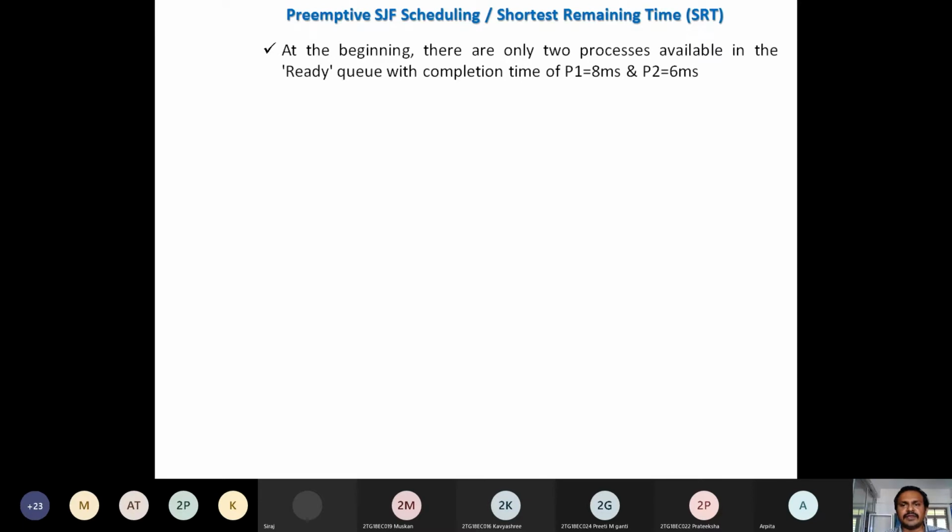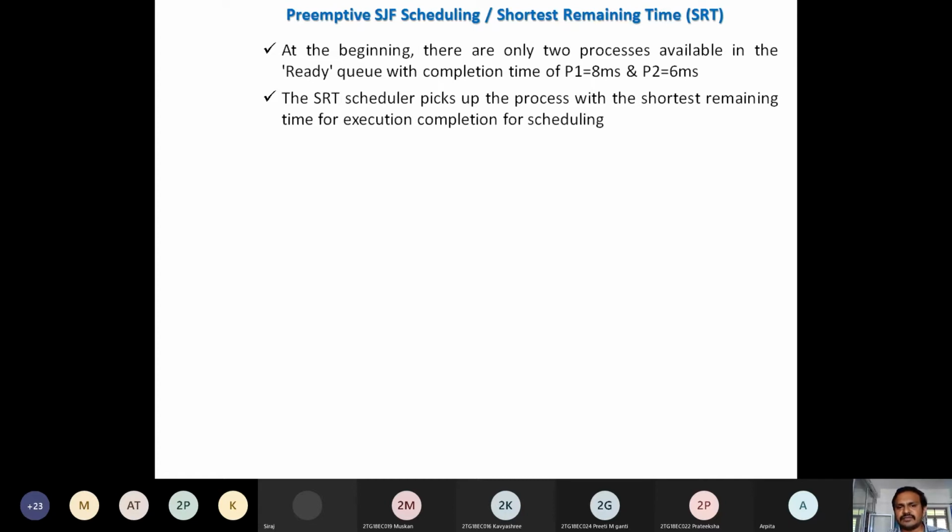By comparing these two processes at the beginning stage, P1 has 8 milliseconds and P2 has 6 milliseconds. Obviously, the system executes beginning from the shortest remaining time, which is P2. The SRT scheduler picks the process with the shortest remaining time for scheduling.